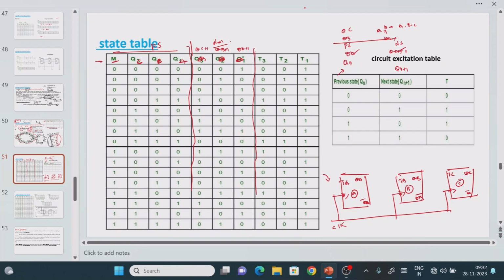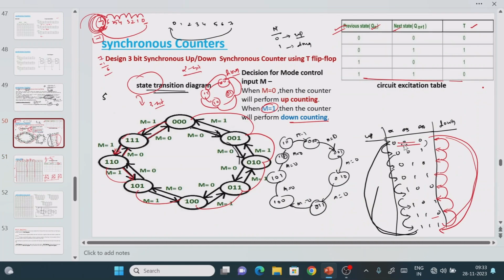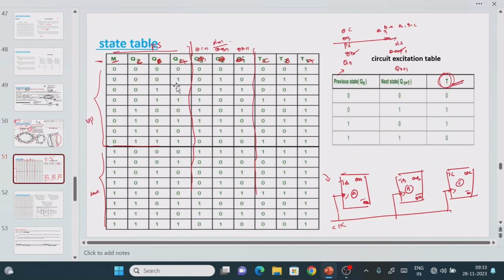Now how many flip-flops do we have? 3. 3 means 3 outputs. One is called TA, another one is TB, another one is TC, that's it. Now see that when m equal to 0, what counting is it performing? Up counting. When m equal to 1, it is performing down counting. It means that the possible inputs are 0 to 7, and the same thing I am writing 2 times: 0 to 7, again 0 to 7.